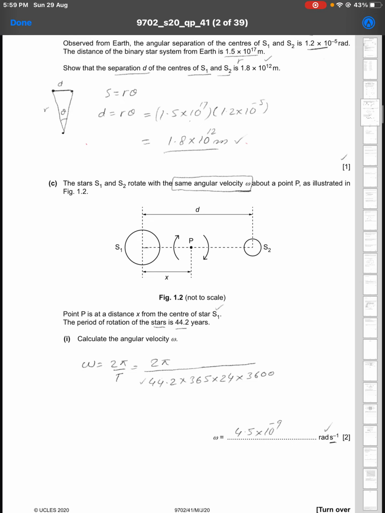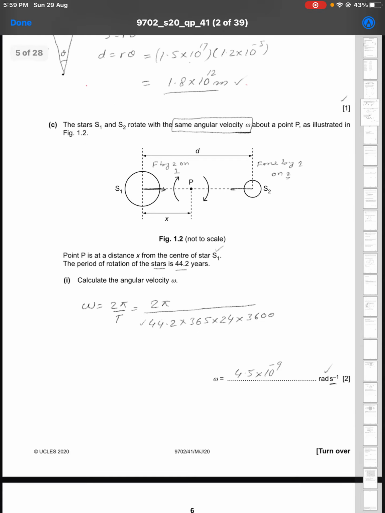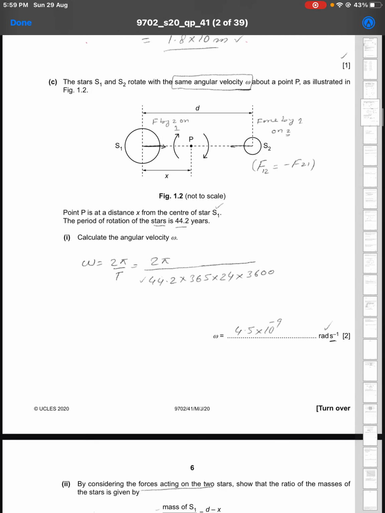So this force F, we can say force by 2 on 1, and force by 1 on 2. The gravitational force on the two masses is always the same. We can say simply that F12 is equal to minus F21 according to Newton's third law. Force of attraction is the same but opposite in direction.